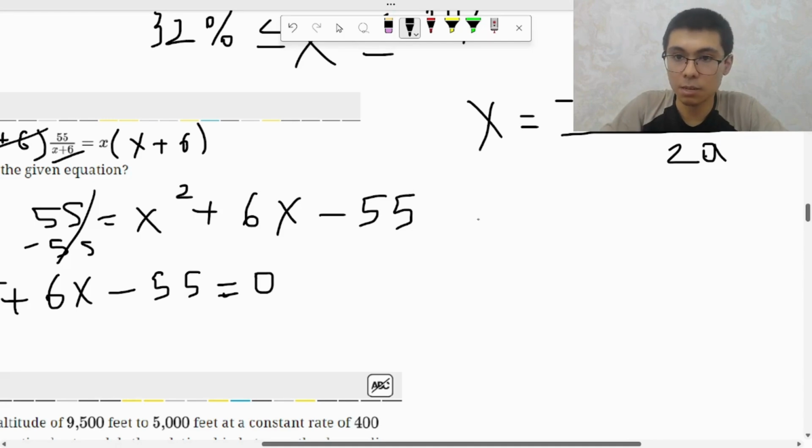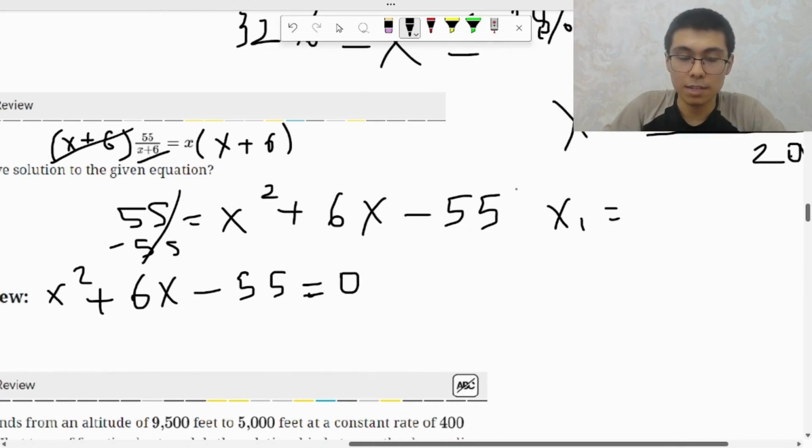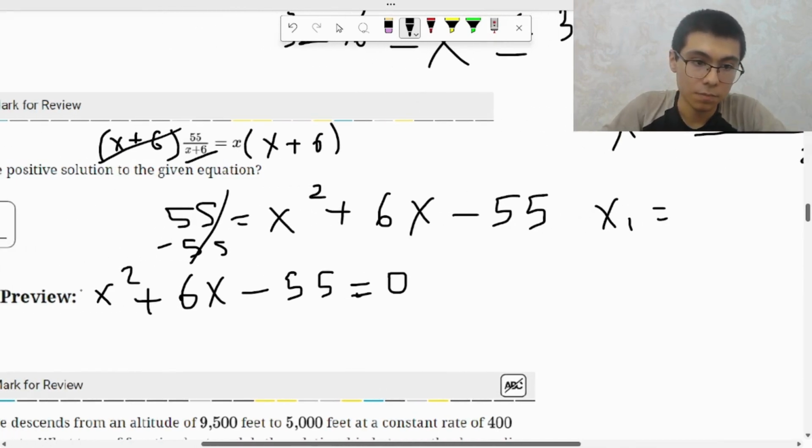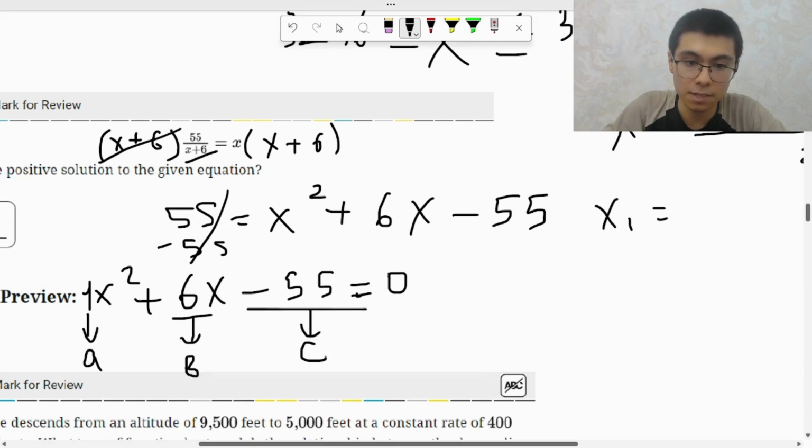So firstly, I'm going to find x1. You have to keep in mind that here 1 is a, 6 is b, and minus 55 is c.